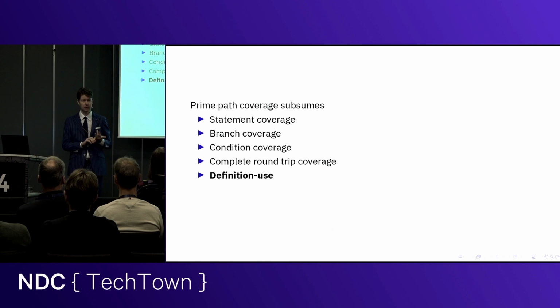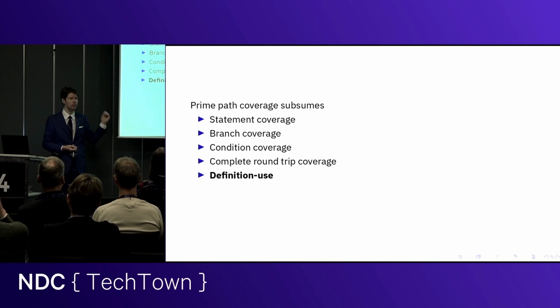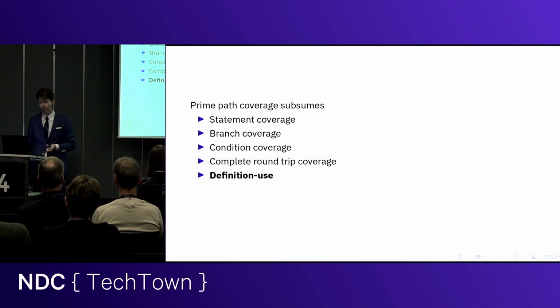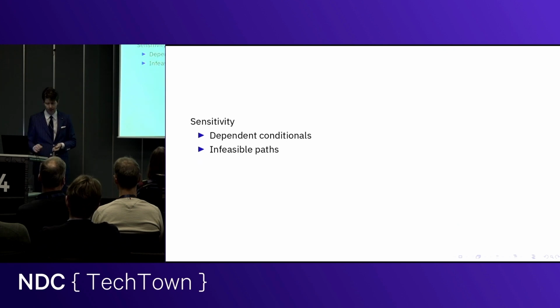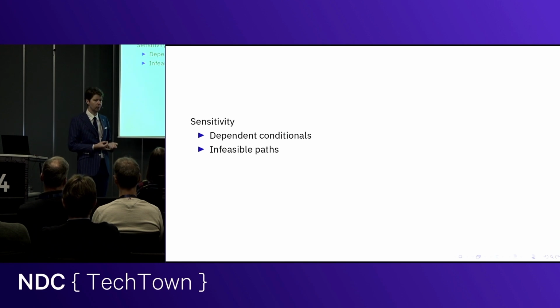is a much simpler metric, because we can all relate to paths in our program. It gives us a very simple metric that at the same time you can throw away the measurement of all of these things because they're sort of implied by the time you get to the prime path coverage. On top of that, it is very sensitive to dependent conditionals and infeasible paths.